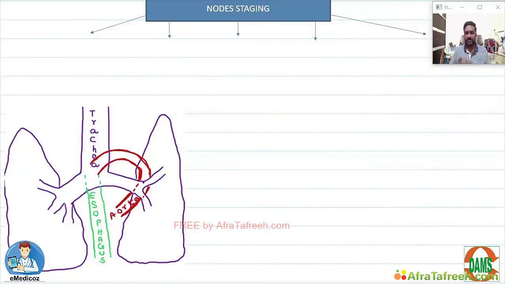To understand this better, you should know the normal mediastinal structures, and also some amount of lung anatomy. In this image, this is the central airway called the trachea, giving rise to bronchi within the lungs, and within the mediastinum we have the esophagus. The esophagus is posterior to the trachea, and from the heart there is the arch of aorta, which runs in this way and ultimately goes posterior to the left main bronchus, then turns anterior.